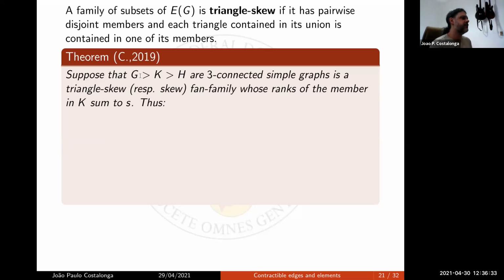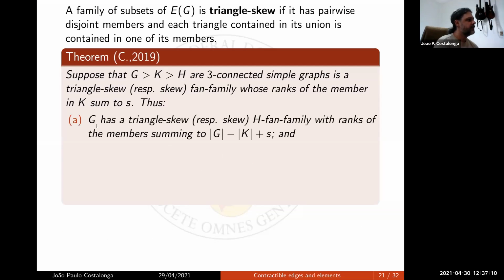And now suppose we have graphs like these. We have G, K, and H, all three connected, and G has a K minor, K has an H minor, and K has a triangle skew fan family whose ranks sum to S. So we suppose the rank may work a bit better for a particular instance K and H. Well, we can carry on with the same technique.